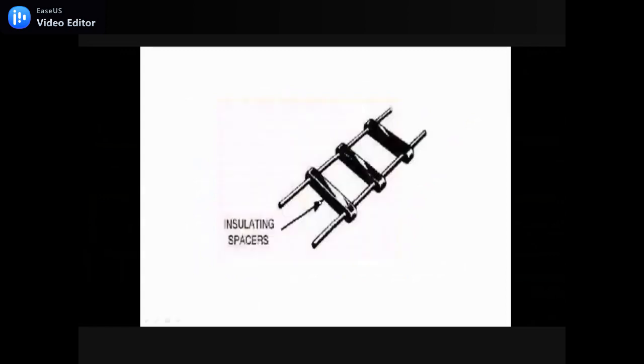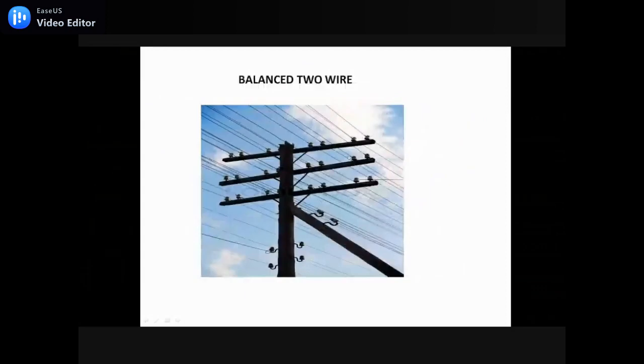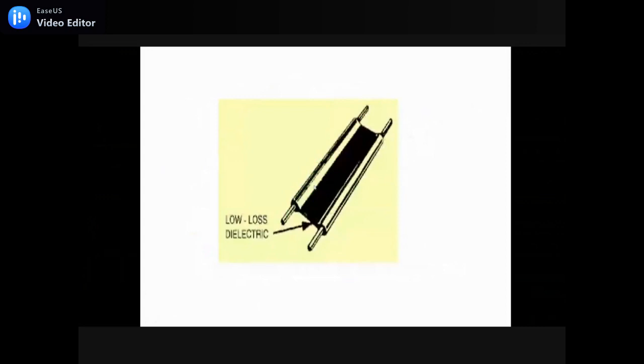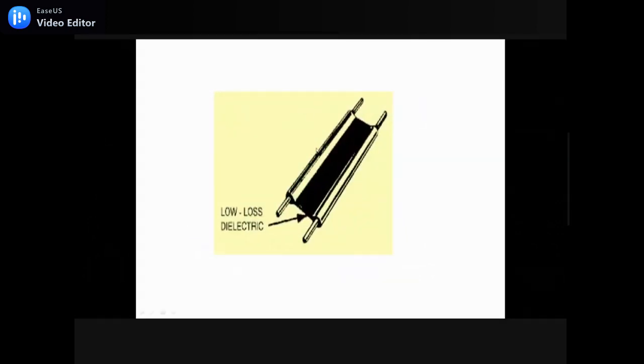And the demerits are that its usage in a twisty path is difficult, and the external interference of the signal in the open wire is more as compared to other transmission lines. These are the demerits of two open wire transmission lines.